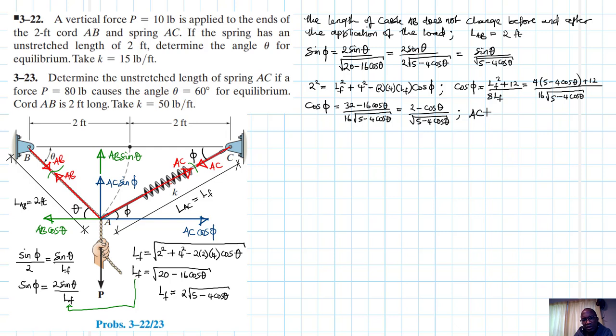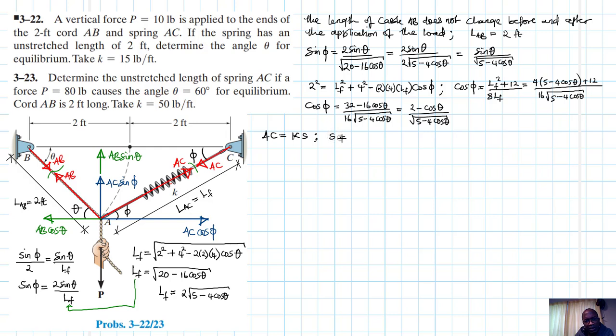AC is the spring force, so this is just equal to K, the spring constant, times S. AC is the spring force, which is just K times S. We'll leave K like this, and come and plug in values later on.